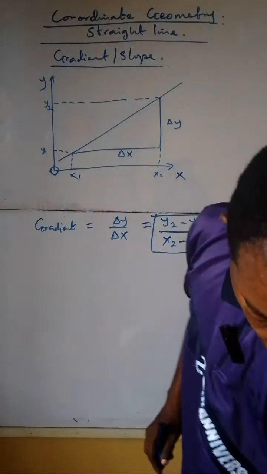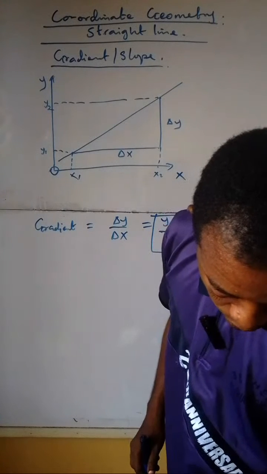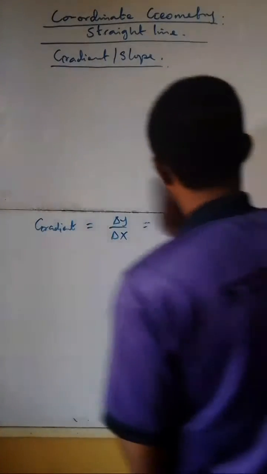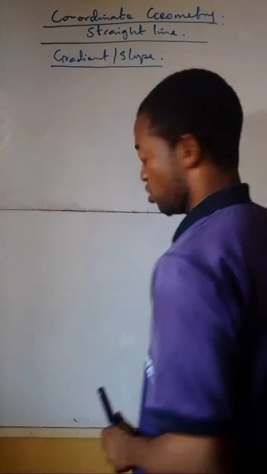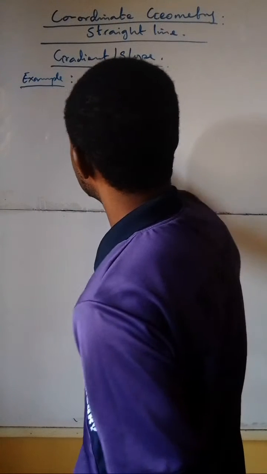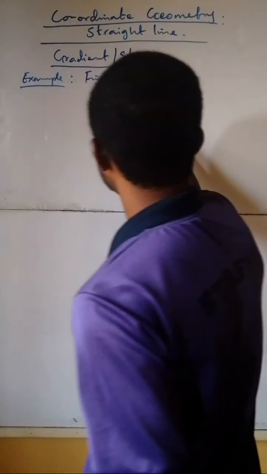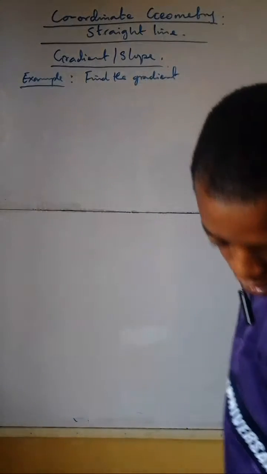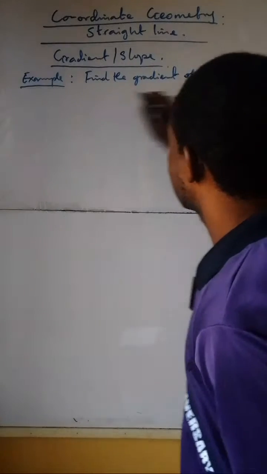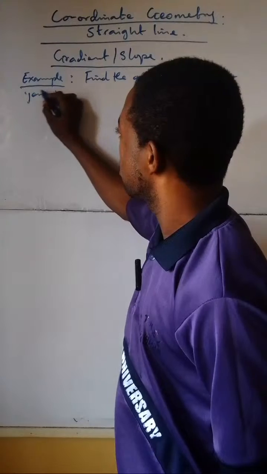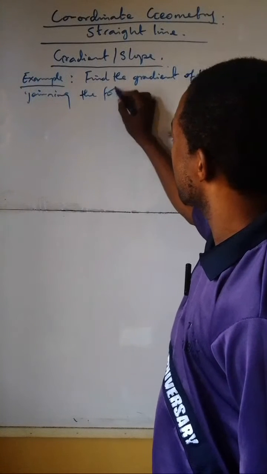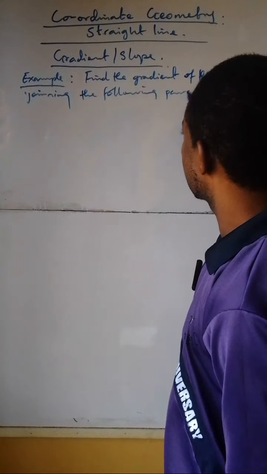Now, let's look at some examples from here. Find the gradients of the line joining the following pairs of points.